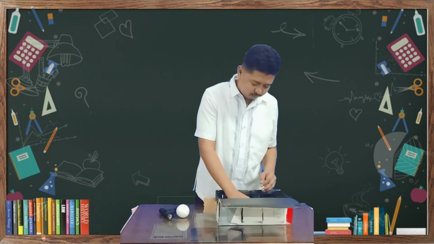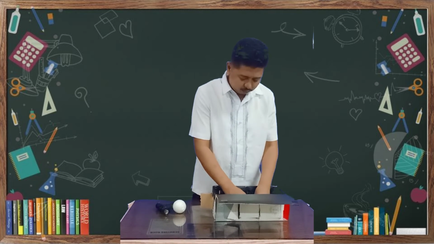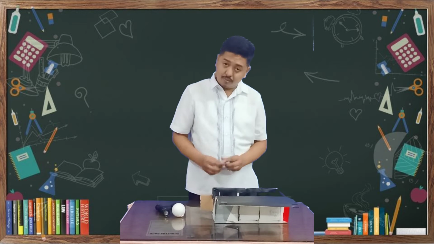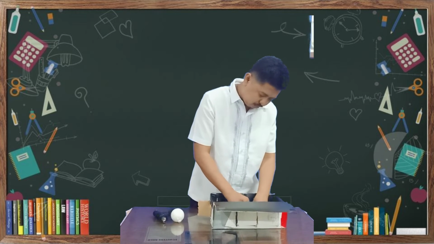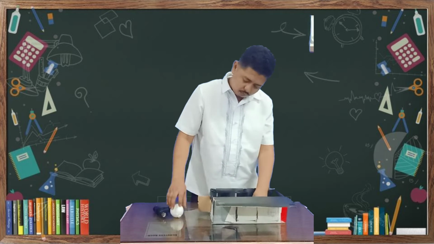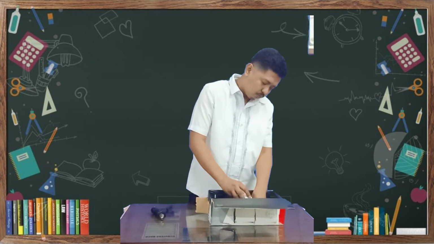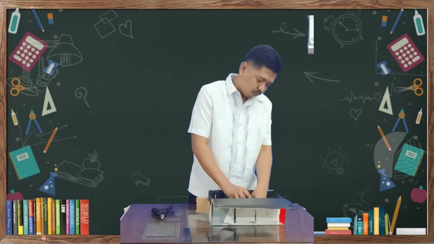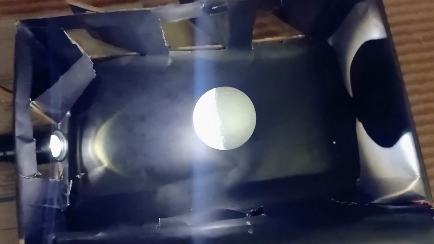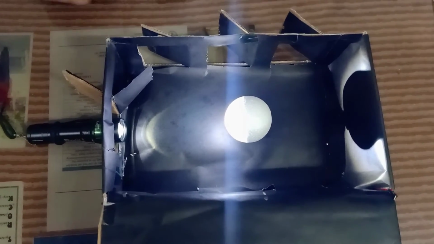Then get a piece of clay, put a toothpick, and put it in the middle of the box. You will notice that there are 8 different situations.